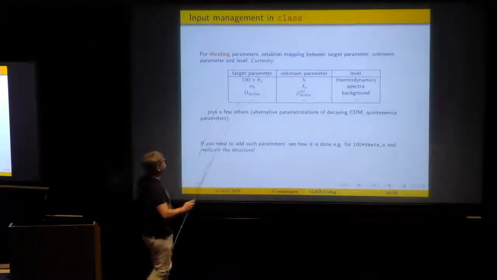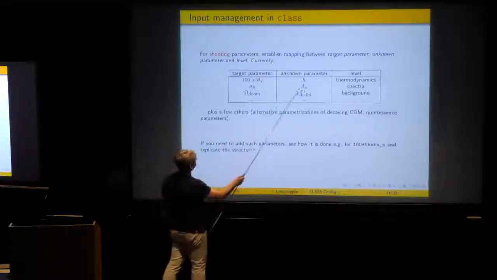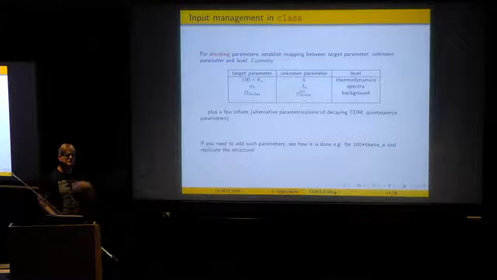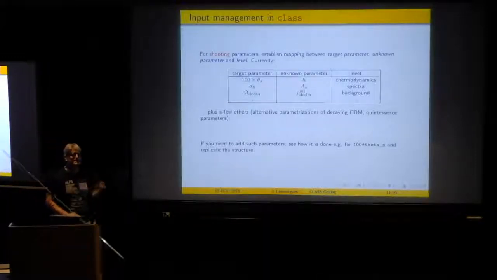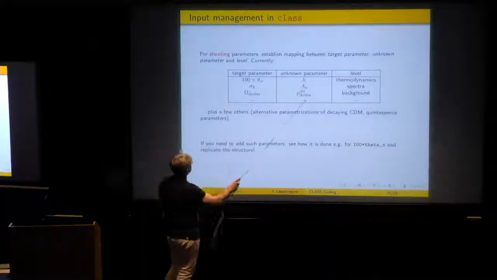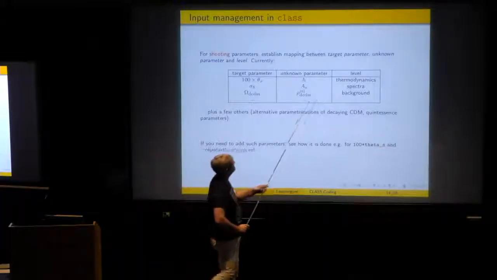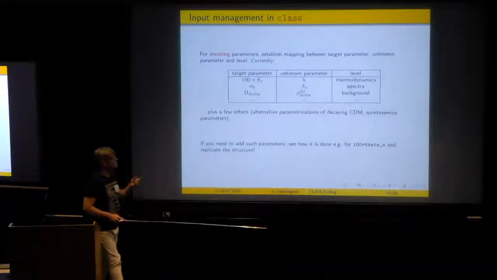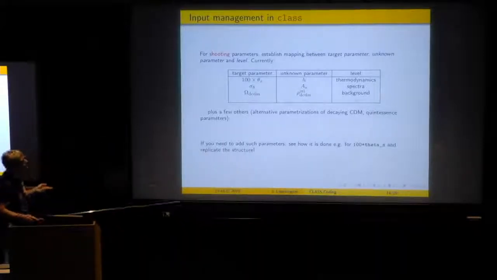And if I want to find the value of A_s giving me a sigma 8, why should I compute the harmonic transfer function with a line of sight integral? It would be useless. So for each of these entries, we define a level. And the level is up to which the code needs to run for the shooting method to work.